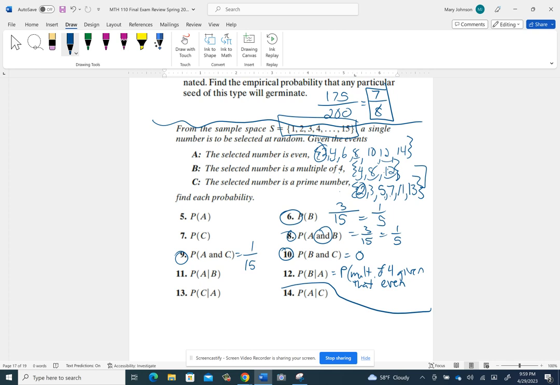That given statement is like reducing your universal set, your sample space, to those. So what's the probability that you're a multiple of 4? Multiples of 4 would be 4, 8, and 12. That would be 3. But instead of dividing by 15, you're dividing by the even. So this is your denominator. How many are even? 1, 2, 3, 4, 5, 6, 7. So 3 divided by 7 would be the answer to number 12.